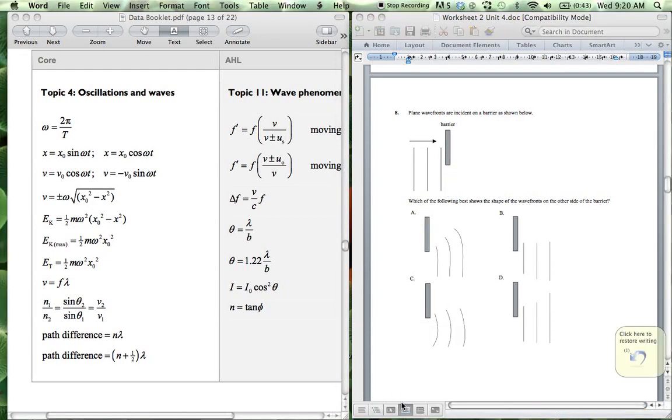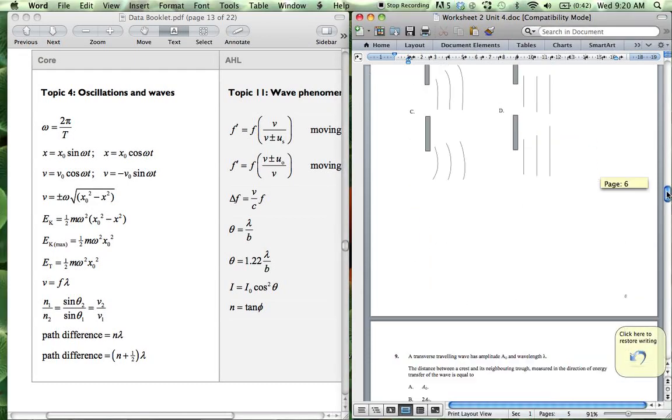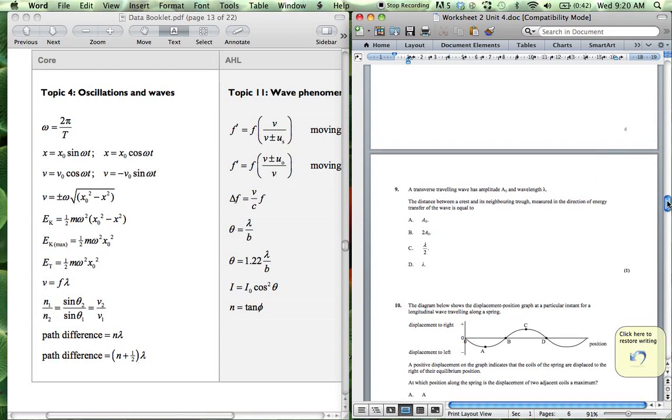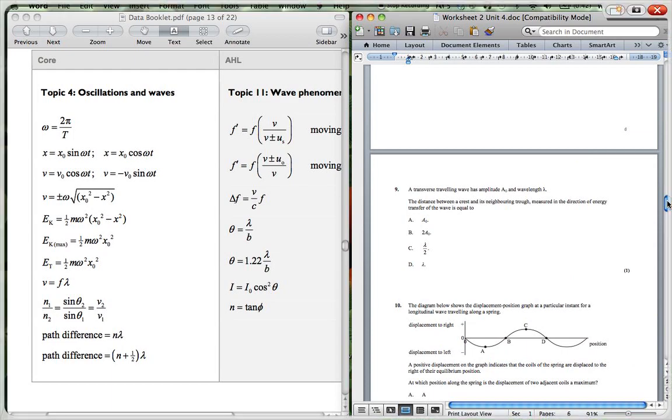And going on to question 9, it says a transverse traveling wave has an amplitude of a0 and a wavelength of lambda. The distance between a crest and its neighboring trough measured in the direction of energy transfer of the wave is equal to.